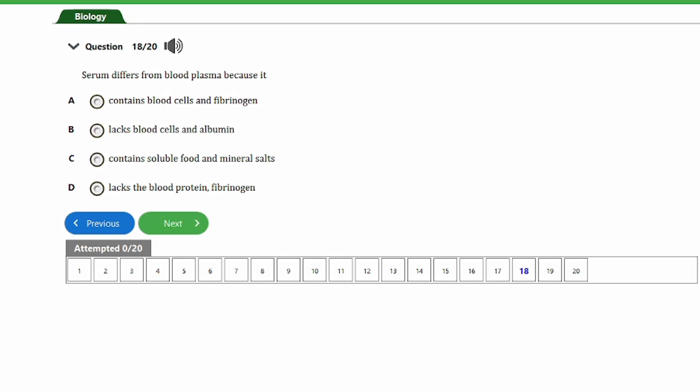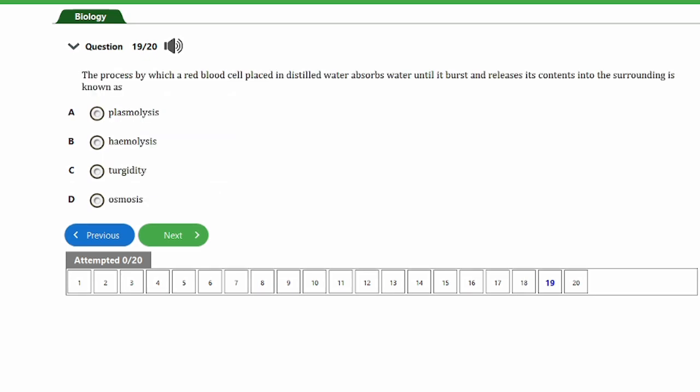The serum differs from the blood plasma because of the absence of fibrinogen and other clotting factors. So it is a component of the blood that is obtained after allowing the blood to clot and removing the clots. So this part actually lacks the blood protein fibrinogen, which is a clotting factor in the blood.